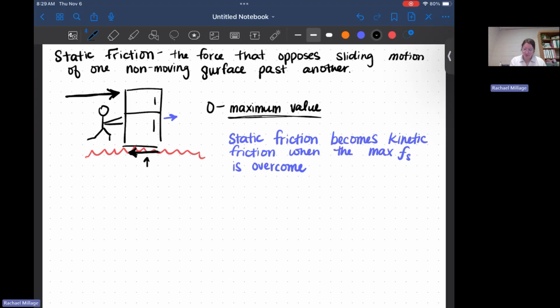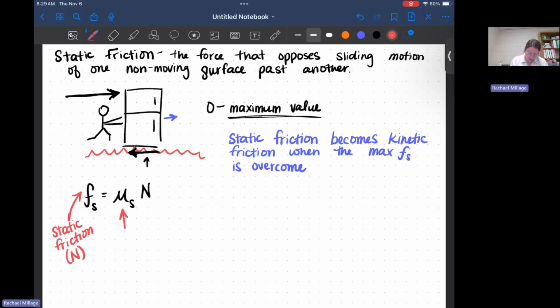So we have an equation for static friction. We're going to have the tiny f here for friction, and it's going to be S for static. And that's going to equal some coefficient of static friction. So we have this mu again, sub S, and it is also correlated to the normal force. So again, in this equation, we have static friction, that's going to be in newtons.